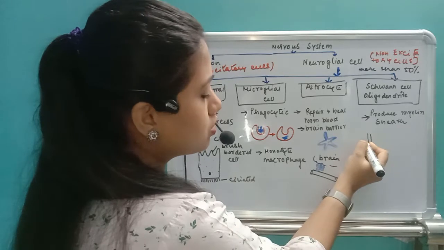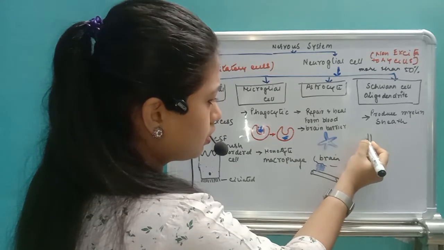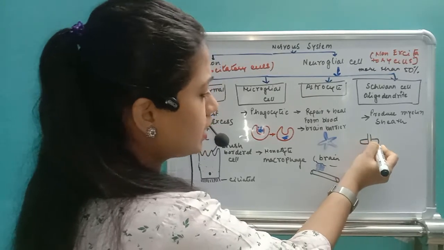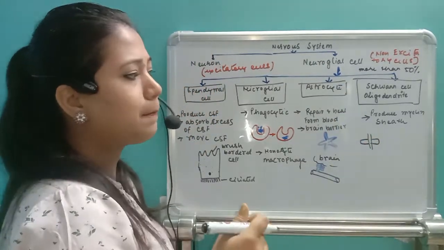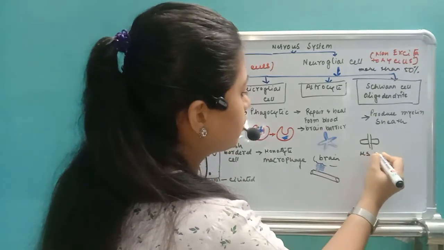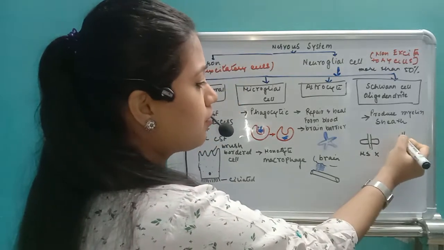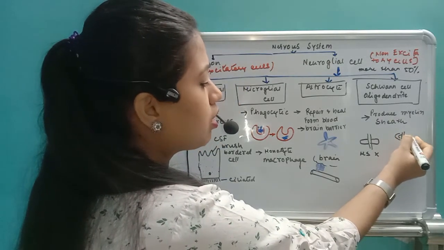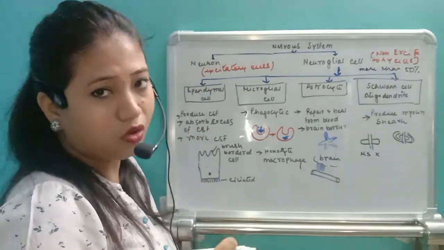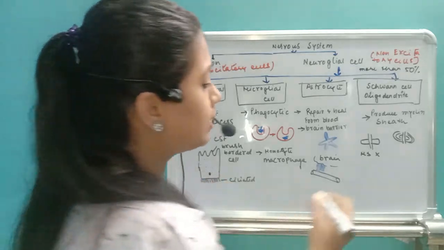If the Schwann cell is innervated by the axon, then it cannot produce the myelin sheath. Only if there is coiling or wrapping of the Schwann cell around the axon is it possible to form the myelin sheath.